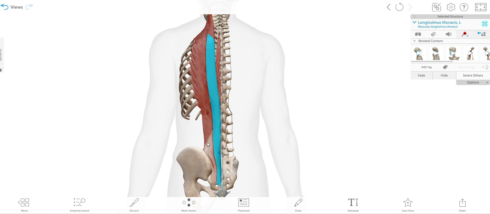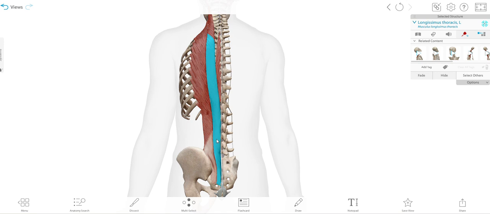So we can see parts of erector spinae coming down onto the posterior iliac crest and coming down onto the sacrum. We can see longissimus and spinalis all coming down into this fascia here, which will be coming down onto the sacrum, we can see here.